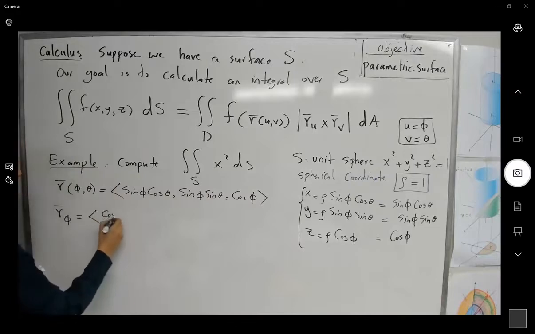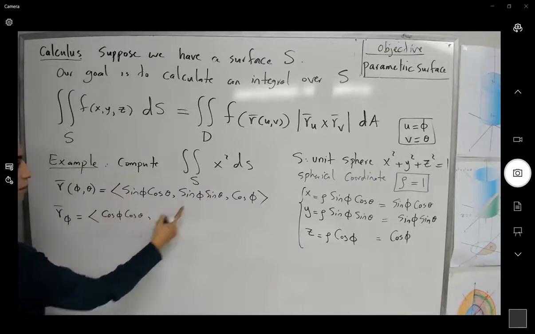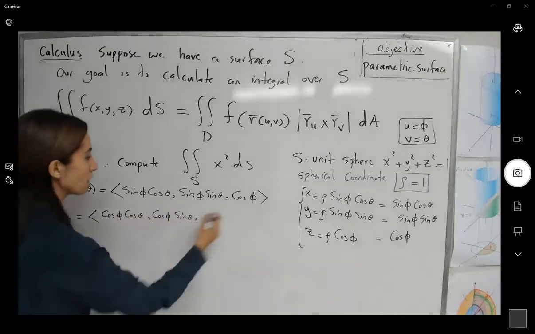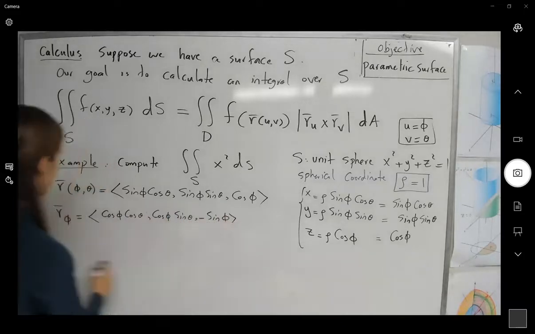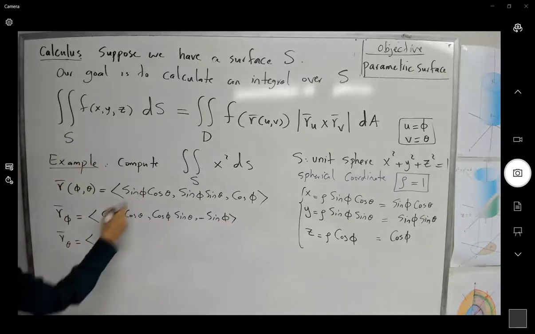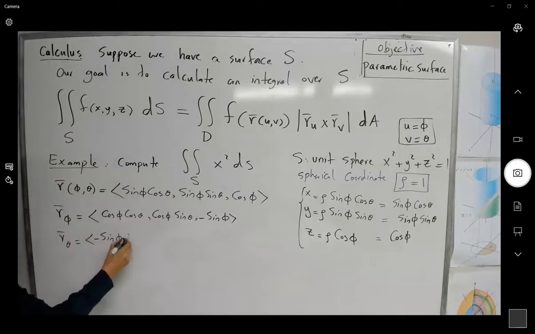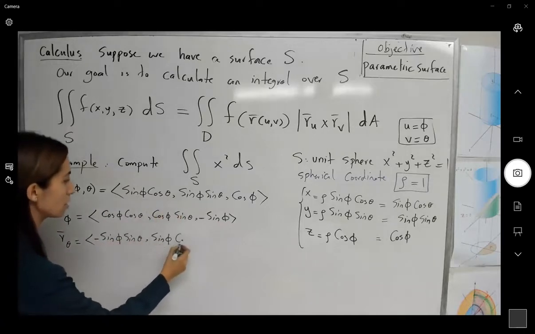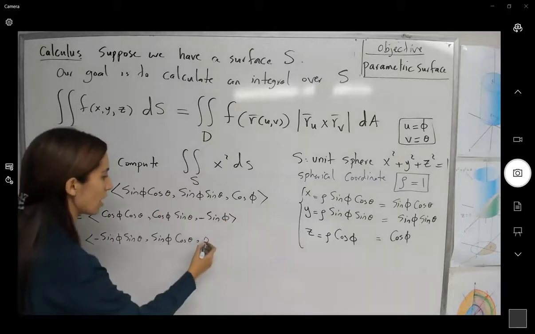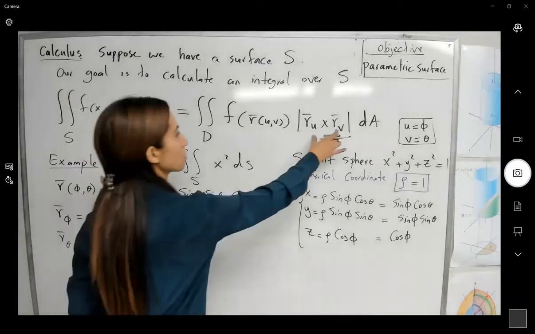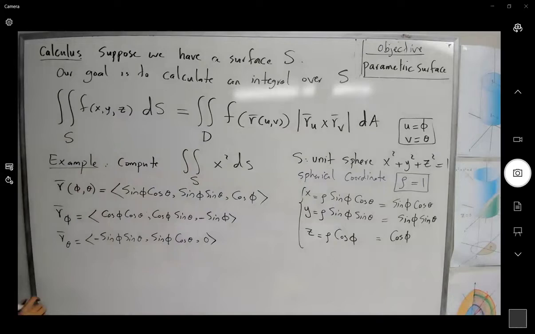Here we get cosine phi cosine theta, cosine phi sine theta, and this guy is negative sine phi. Partial derivative with respect to theta is equal to, this becomes negative sine phi sine theta, this becomes sine phi cosine theta, and this guy doesn't have any theta in it. It means that the partial derivative is just 0. Well, now we need to find the cross product between them, then find the magnitude.